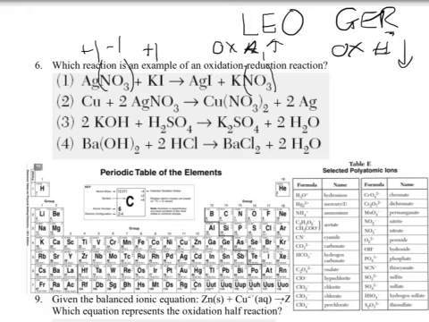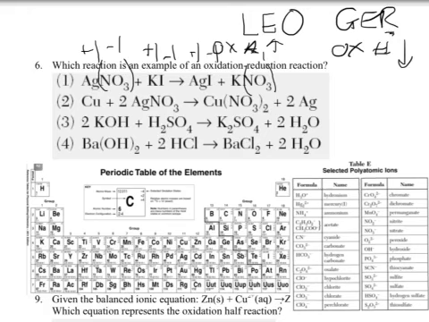And iodine has many oxidation numbers, as you can see here. But since the sum of the oxidation numbers must equal 0, and we only have 1 potassium and 1 iodine, iodine must be -1. Again, silver is +1. And for the same reason, iodine is -1.